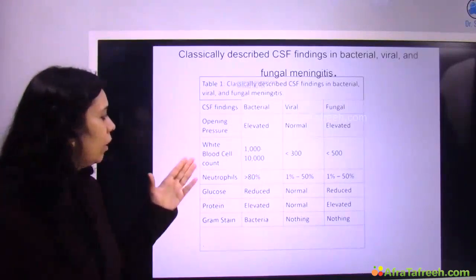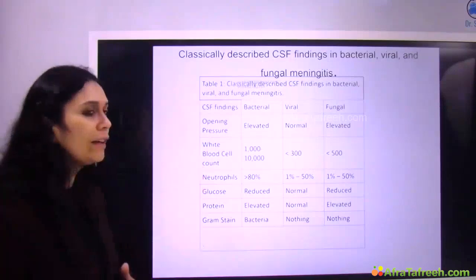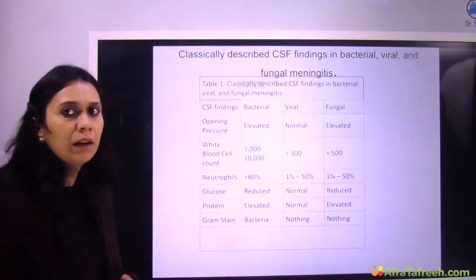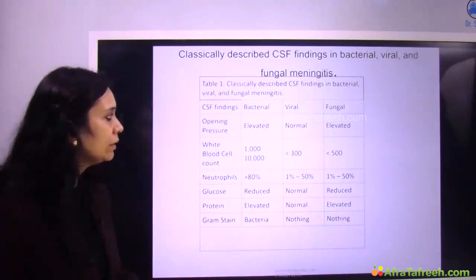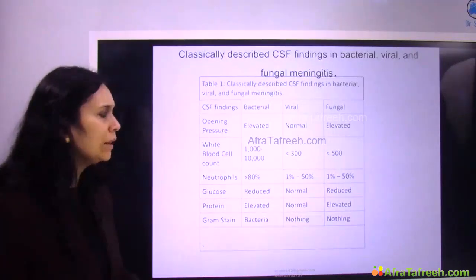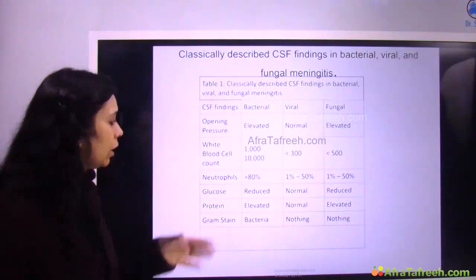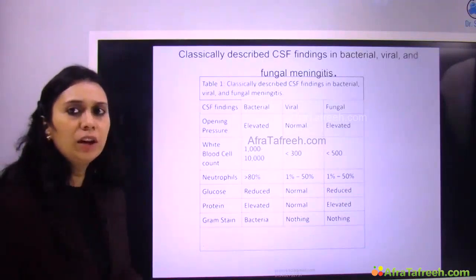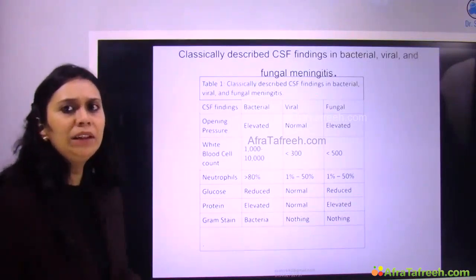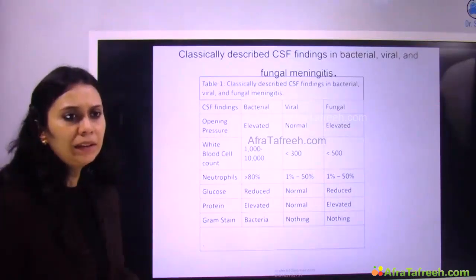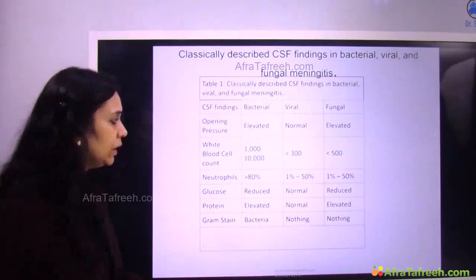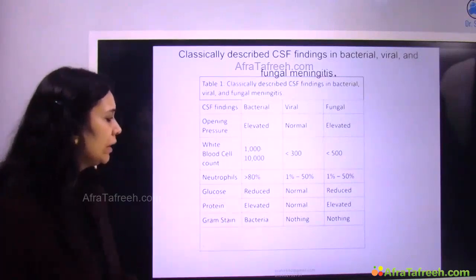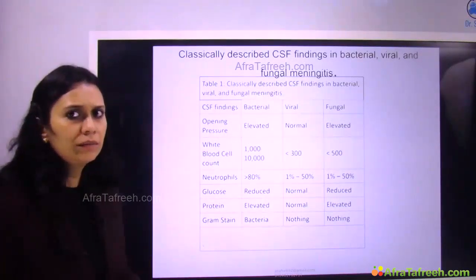The total TLC in CSF is highly elevated in bacterial meningitis and less in viral and fungal meningitis. In the differential count, more than 80% of the WBC present in the CSF would be neutrophils in bacterial meningitis, right? In viral and fungal meningitis, it would not be neutrophils.